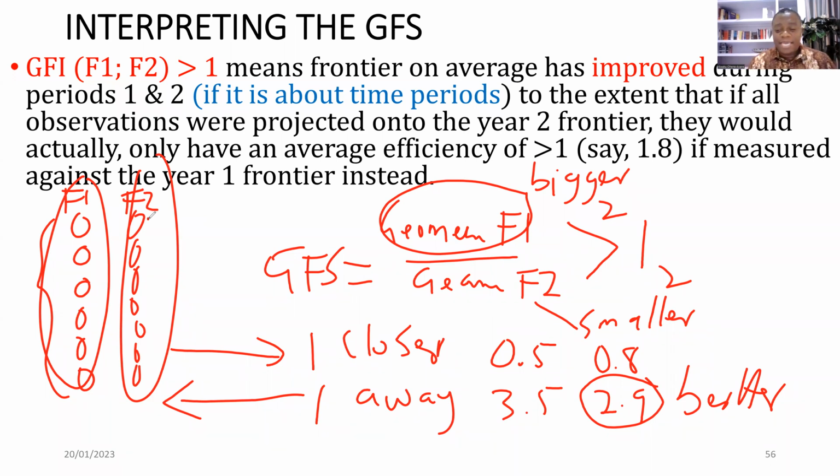Now, how could that have been an outperformance when the change is from the frontier? Remember, it will be from the frontier rather than from the efficiency scores. Because in the example I gave you, all the firms had a score of 1. Do you agree with that? The geo mean will also be 1. Yes.